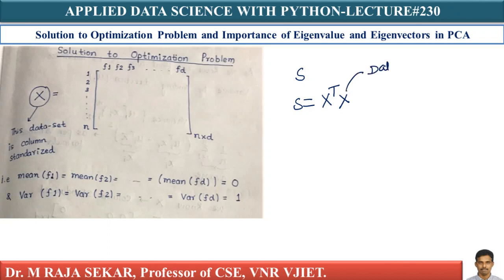X is the data matrix, and its order is n cross D. X transpose means rows and columns are interchanged, therefore that is D cross n. If I multiply a D cross n matrix with an n cross D matrix, what will I get? I will get a matrix of order D cross D. Therefore, the covariance matrix order is D cross D.